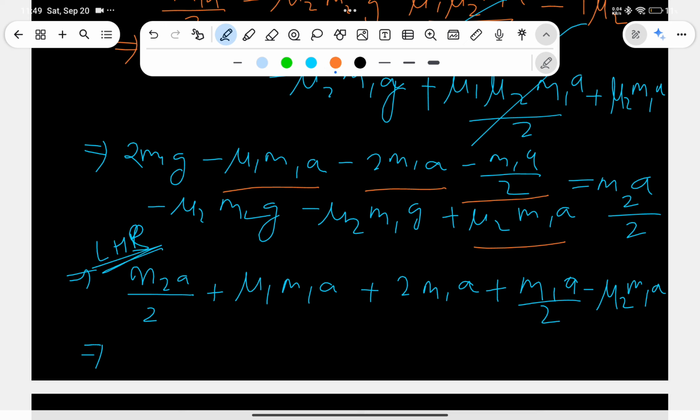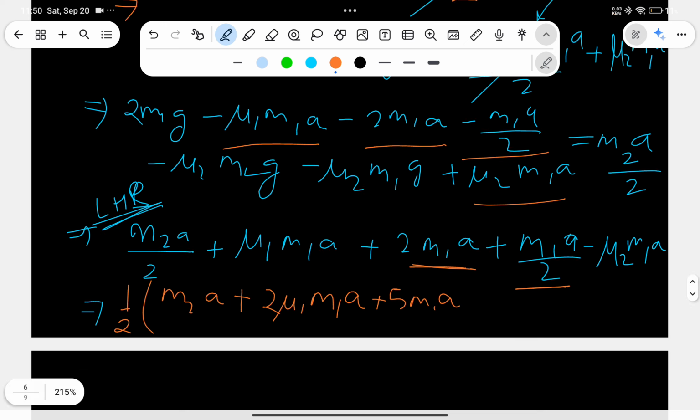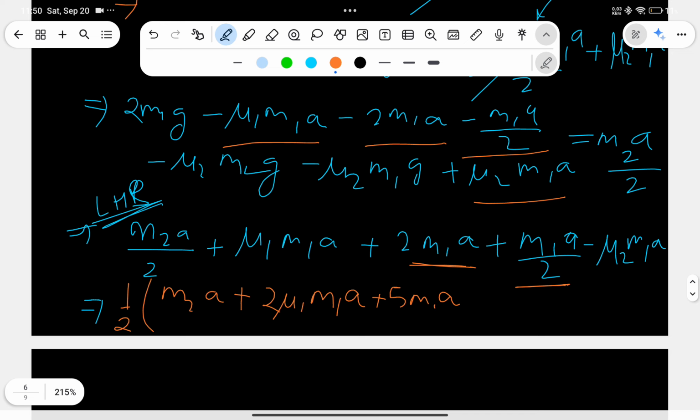Simplifying it further, so we'll have mu2a, see, we have 1 by 2 here, so mu2a plus 2 mu1 m1a plus, see, you have m1a here also and m1a here also, it will become kitna, 5 by 2, and 2 getting common, so 5 m1a. A also I should take common, okay, but I'll write there, see, and plus, okay, no, minus mu2 m1a, right?